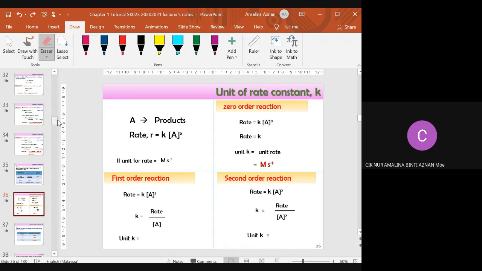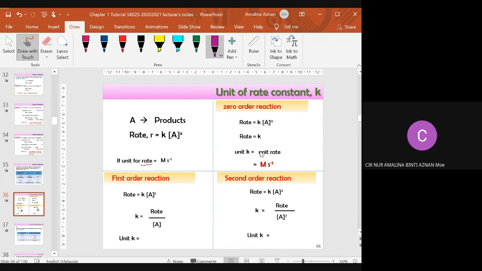Alright, so rate order juga boleh ditentukan daripada unit of the rate constant. Okay, so unit untuk rate constant adalah molar per second. Okay, so kalau kamu tengok soalan tu dia bagi the value untuk rate constant is 2.8 exponent 5 molar per second. Okay, so kalau kamu tengok unit untuk rate constant given K ni, K kecil ni, rate unit dia molar per second.